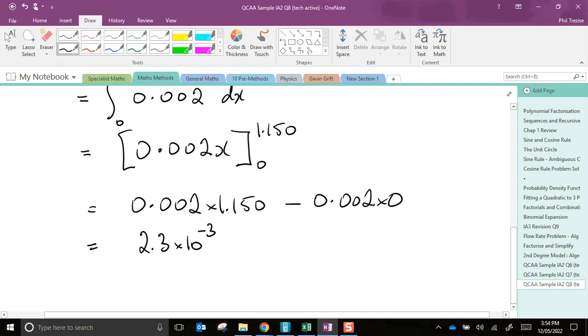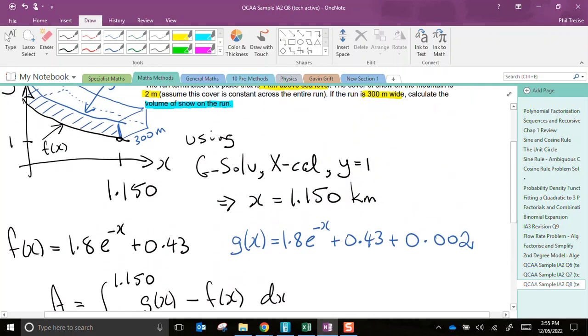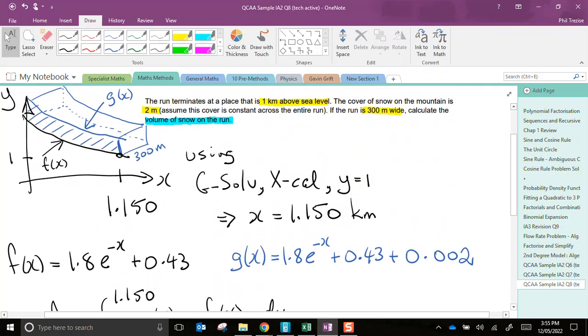That works. And that would be in square kilometres, because these were all in kilometres. Now that just gives me the shaded area at the front edge of this sort of a curved prism shape.